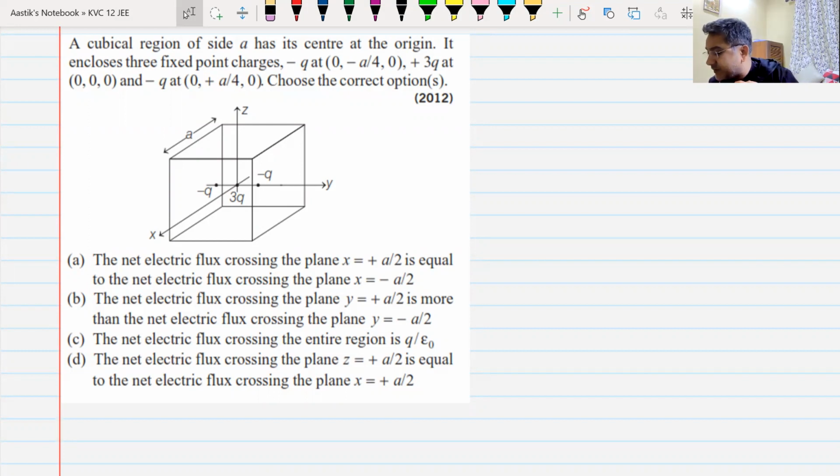This is how the question is framed. A cubical region of side a has its center at the origin. It includes three fixed point charges, minus q, plus 3q, and minus q. Choose the correct option.